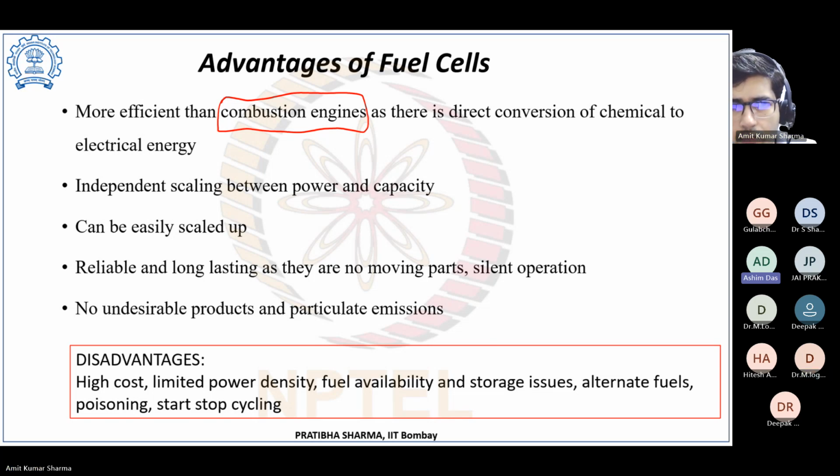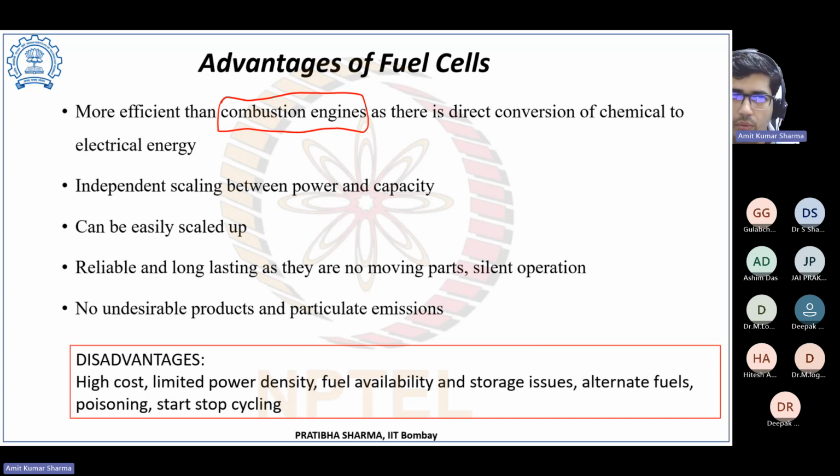Though NOx we can control, heat generation will always be there. How will we harness that heat? Heat generation is there, but that is not an emission actually. Emission refers to what is harming the environment. So the heat is there.